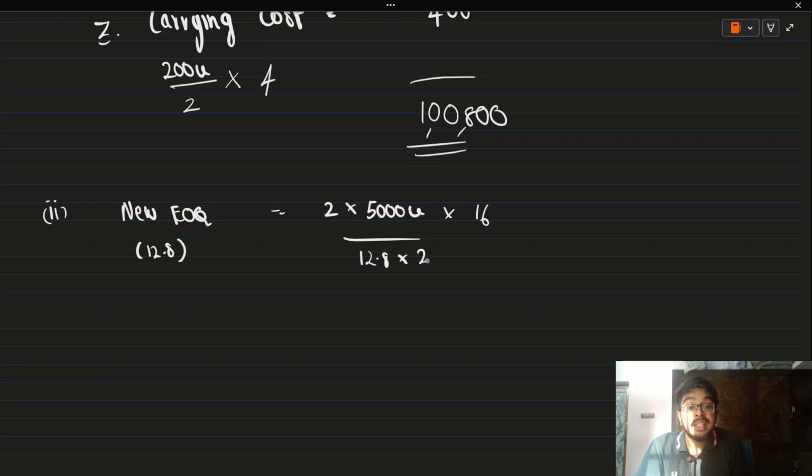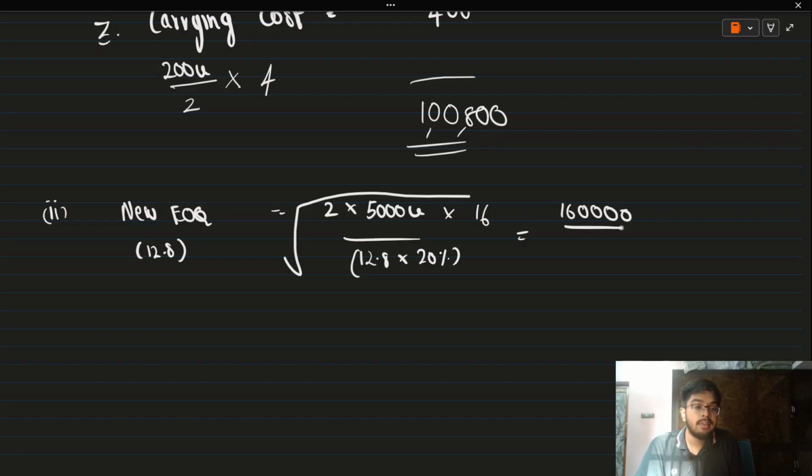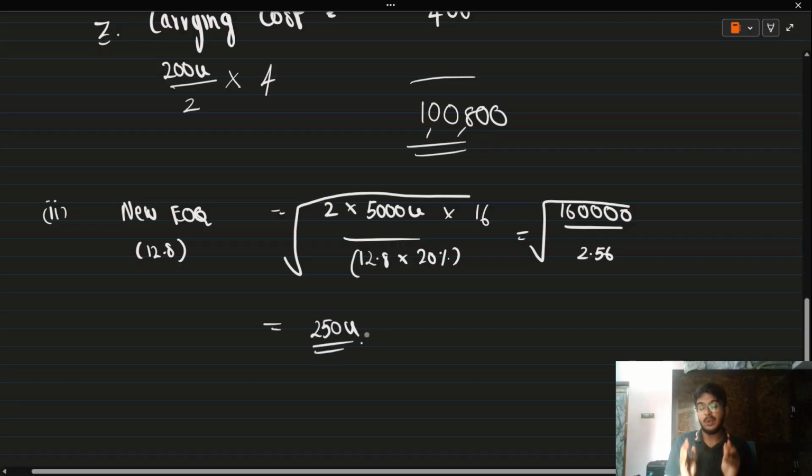Now we have to find the 20% on 12.8. 1,60,000 divided by 12.8 into 20%, which comes to 2.56. Root comes to 250 units is the new EOQ.